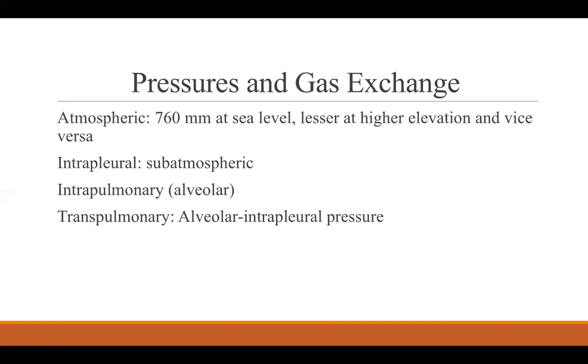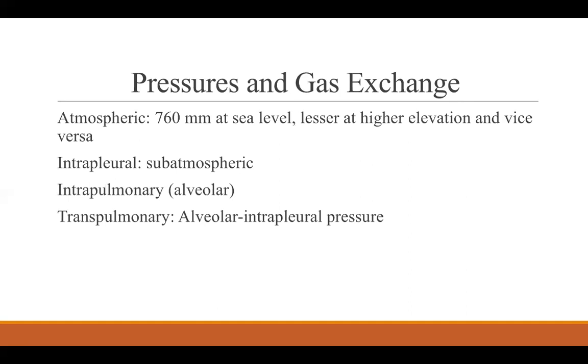So that's what the transpulmonary pressure is. During expiration, let's make up some new numbers. Let's think about the alveolar pressure to be 762. Okay, so this is a new number, 762 within the lungs. What about the intrapleural pressure? Remember, it's subatmospheric, so its pressure is going to be 758.